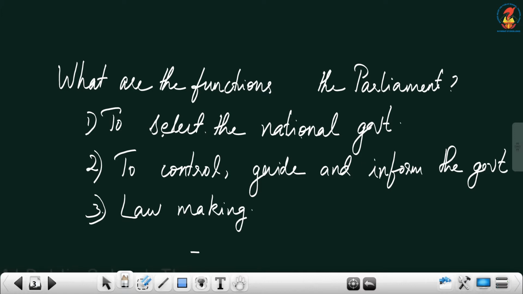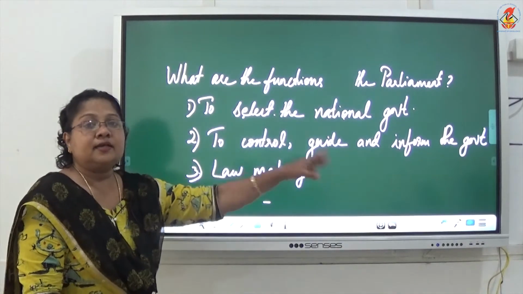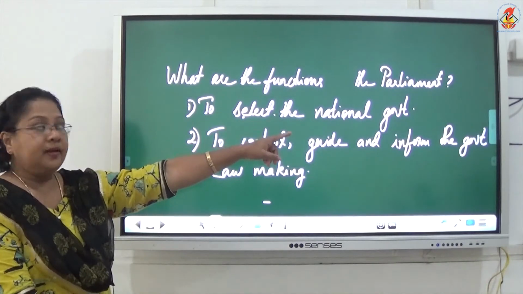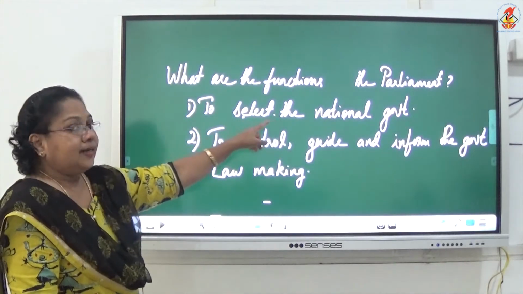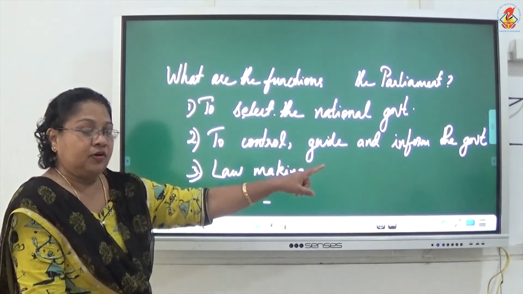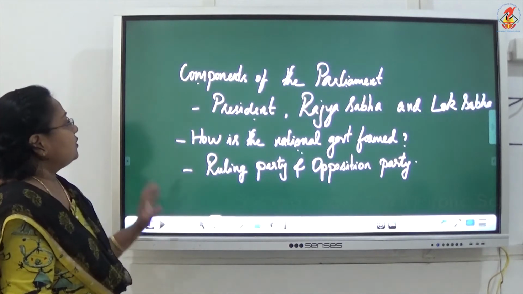And the third function, which is the most important function of the parliament, is law making for the country. They make the laws for the country. So, to repeat: to select the national government, second to control, guide and inform the government, and third law making for the country.